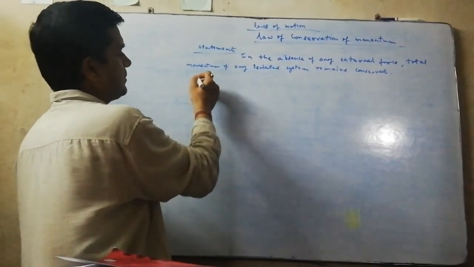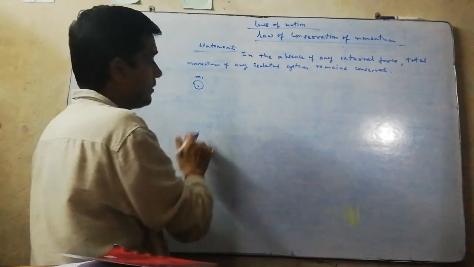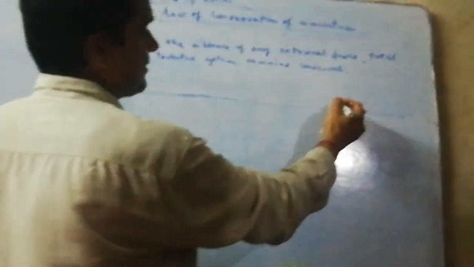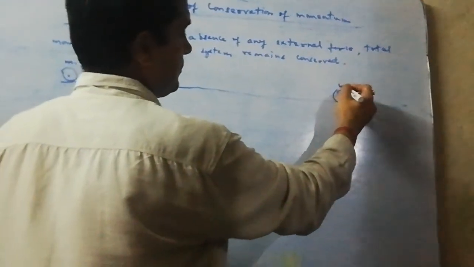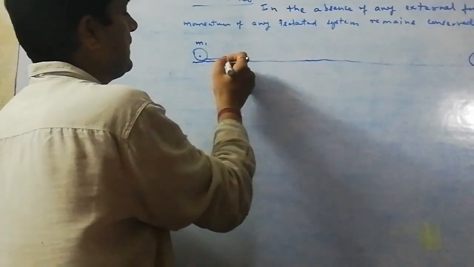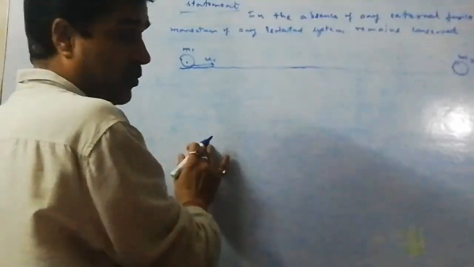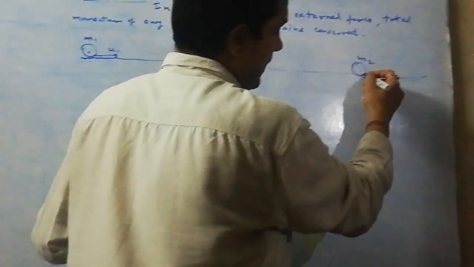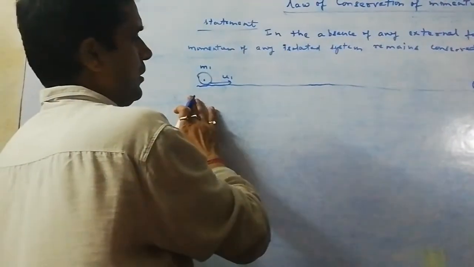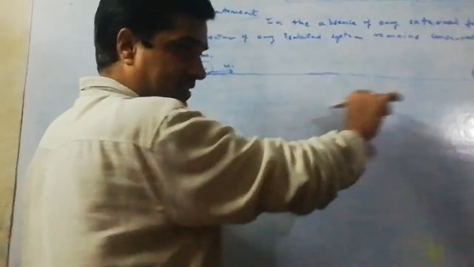Take one example where two spherical balls, one having mass m1, another having mass m2. The first one is moving initially with velocity u1 and the second one is moving with u2. They are moving along the same line.